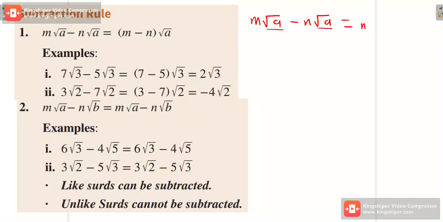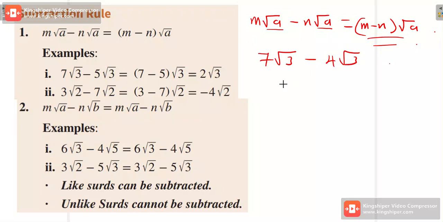Then we'll be left with m minus n, root of a. An example is 7 root of 3 minus 4 root of 3. The answer will be 7 minus 4 root of 3, and we can simplify that to be 3 root of 3.